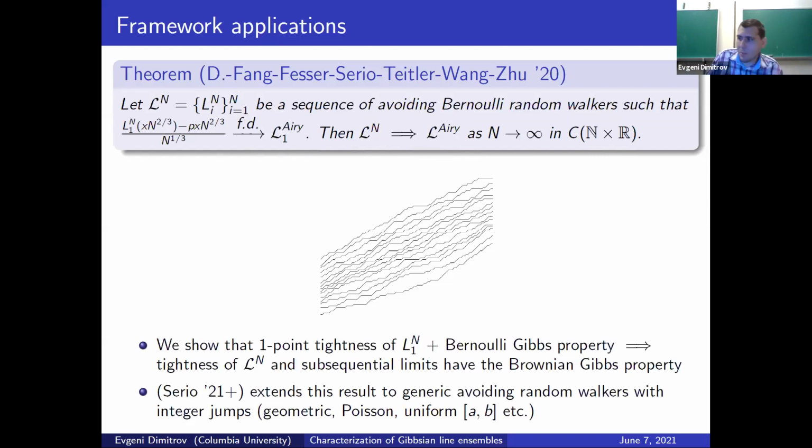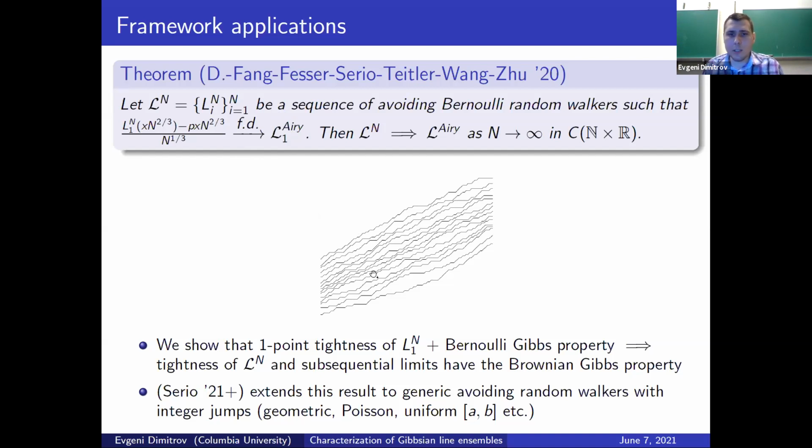Again, I won't really be going into the proof, but I'll mention that in essence, in order to establish tightness, which is the essential thing that you need, we don't even need actually finite dimensional convergence. This result is only required to apply theorem 1 to classify the limiting object.